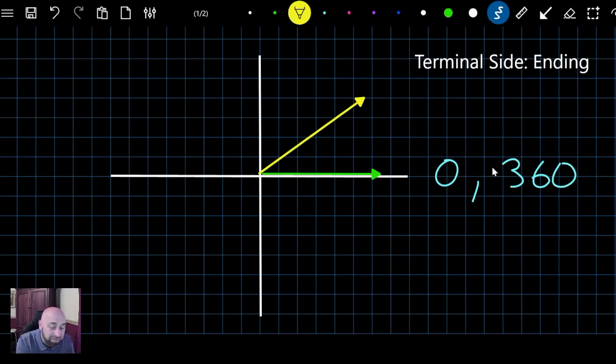This is the positive direction. And I know at a certain point you turn and you go negative, but this is the direction you start. You go counterclockwise to start your angles. So let's say that I want to draw a 60 degree angle, okay? Well, I would start at 0, okay?